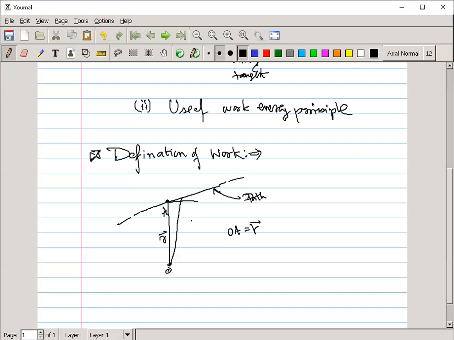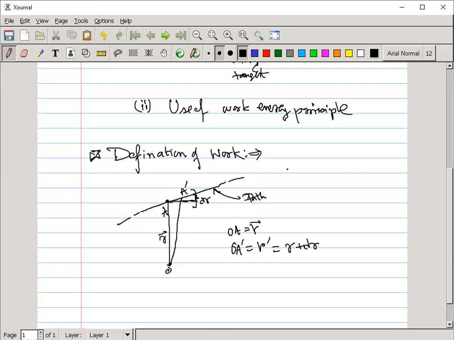O A dash is r plus dr, so this portion is dr.